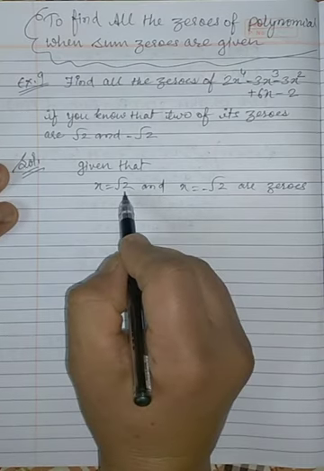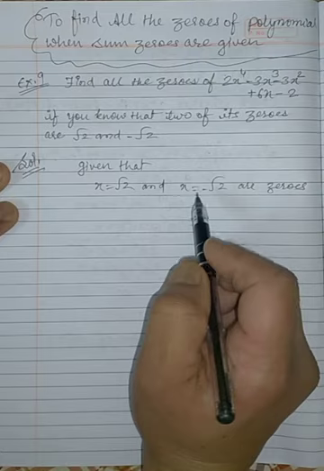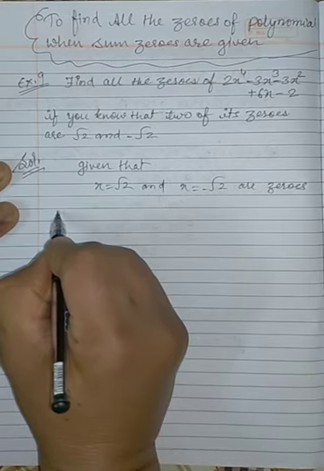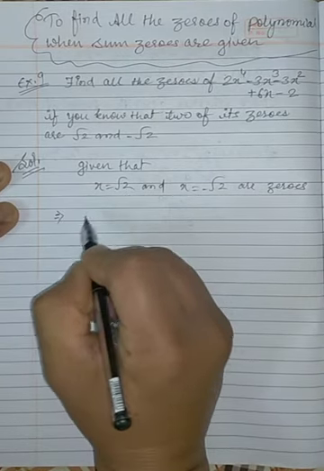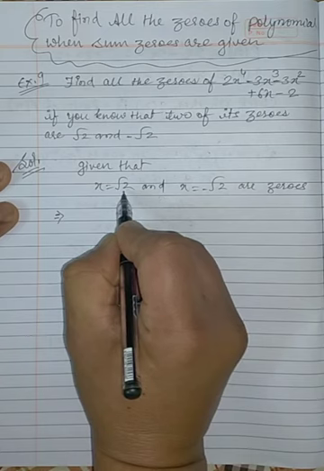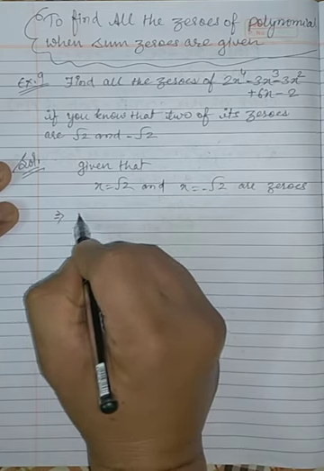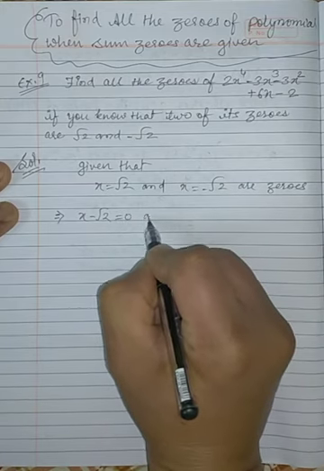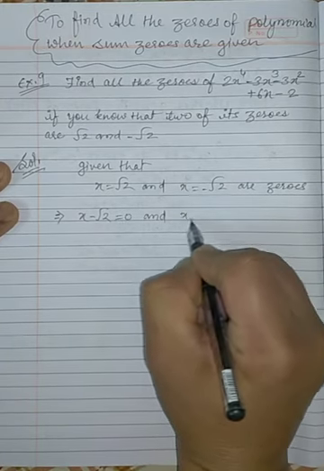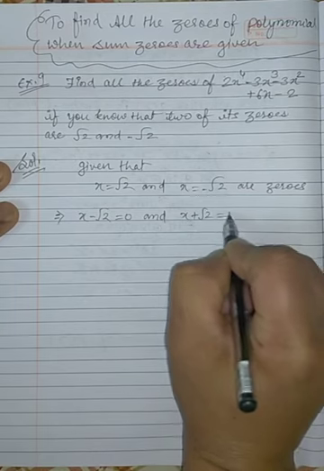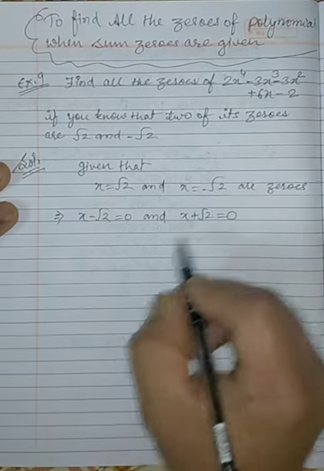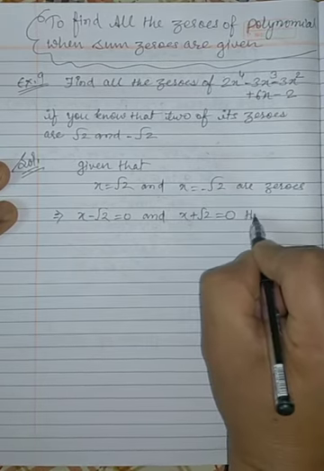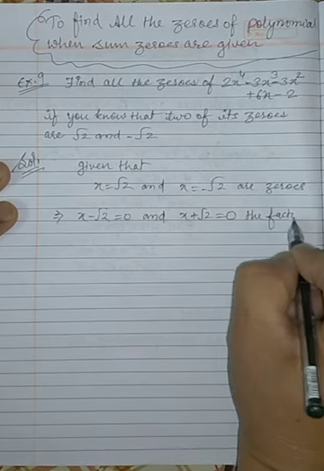Now if root 2 and minus root 2 are the zeros, we will convert the zeros into factors by transposing root 2 to this side. That means x minus root 2 equal to 0 and x plus root 2 equal to 0. These are the factors.